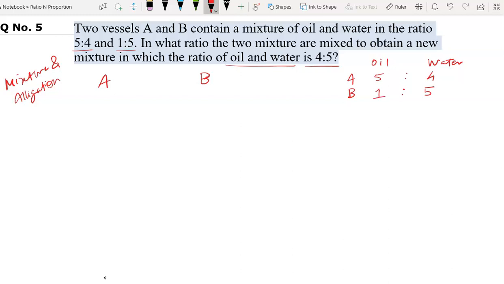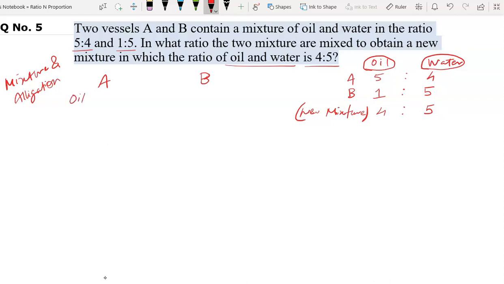And in the new mixture, oil and water is in the ratio 4:5. So whenever we solve mixture and alligation questions, we can solve either on oil or on water. So let's say we take oil for this question.